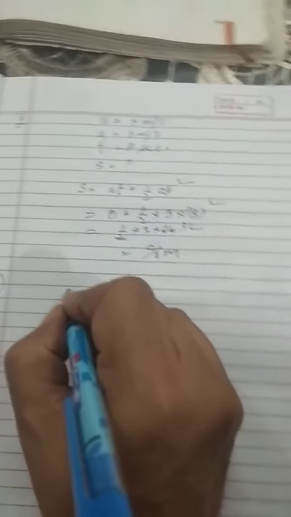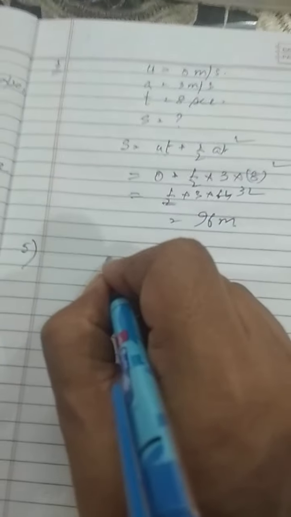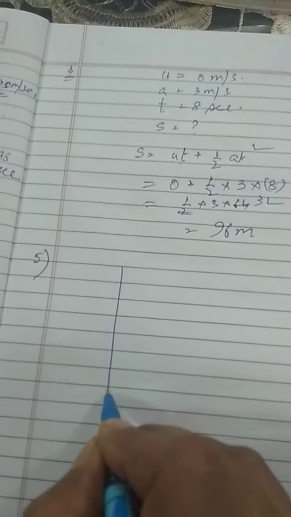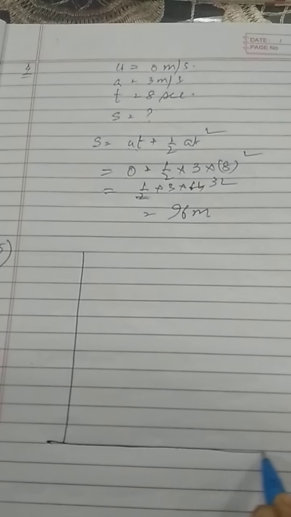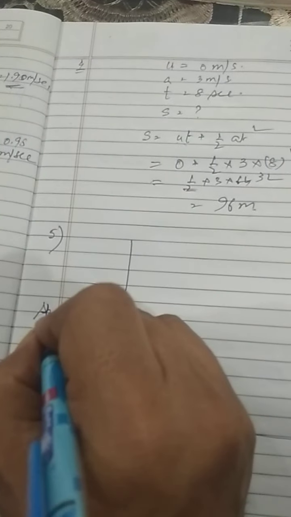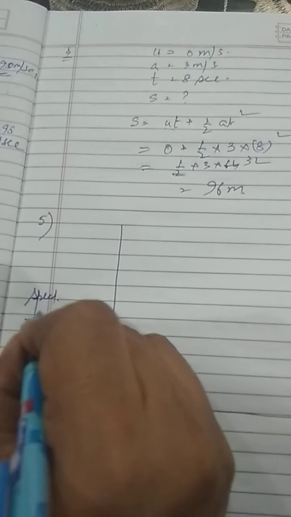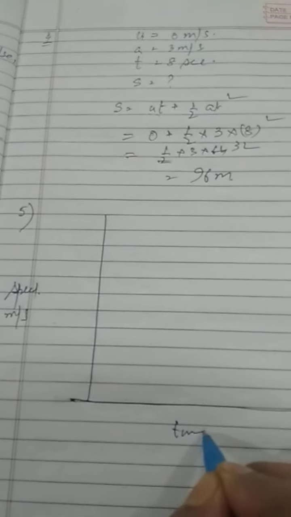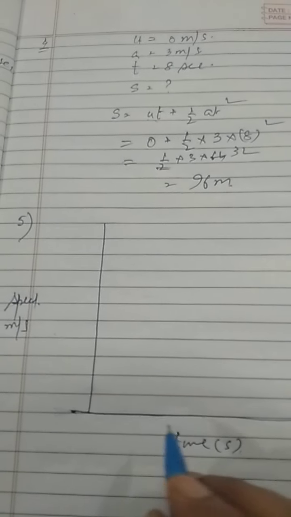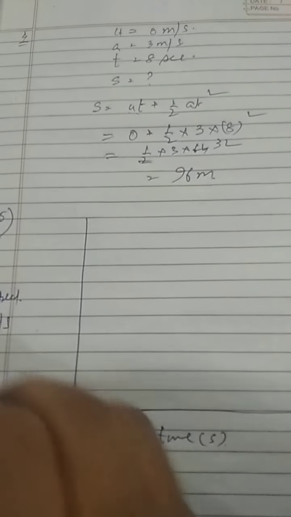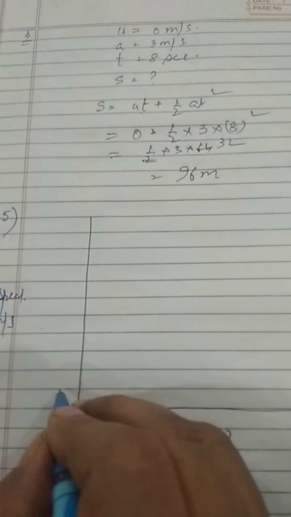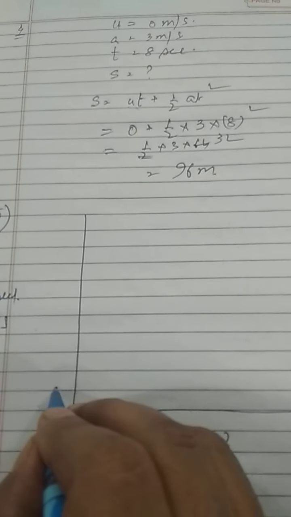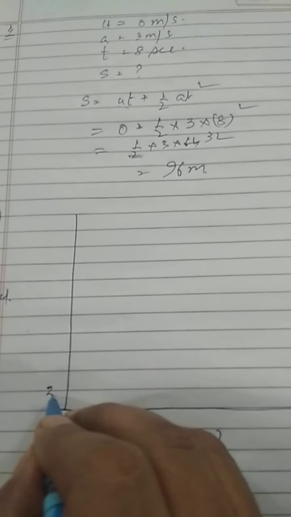So look at the question: you have to draw it on graph, but I am not drawing it on the graph right now, but you have to draw it on the graph like this. This is a speed time graph. Speed is taken on y-axis and time is taken on x-axis. The speed should be in meter per second and the time in seconds, and you have to form a scale also.